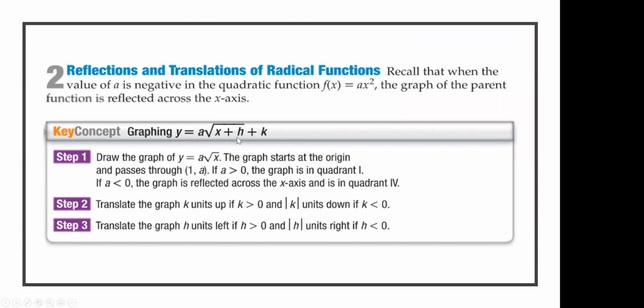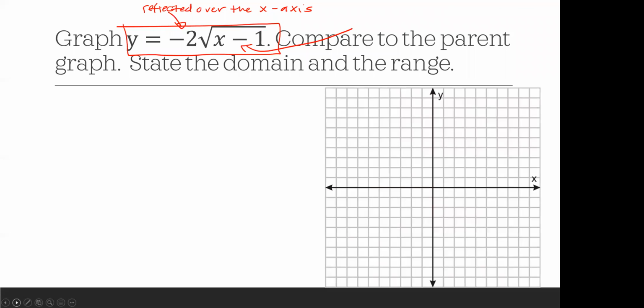If we go back, h is less than 0 because it was negative 1. It's going to move 1 unit to the right. So let's take a look.